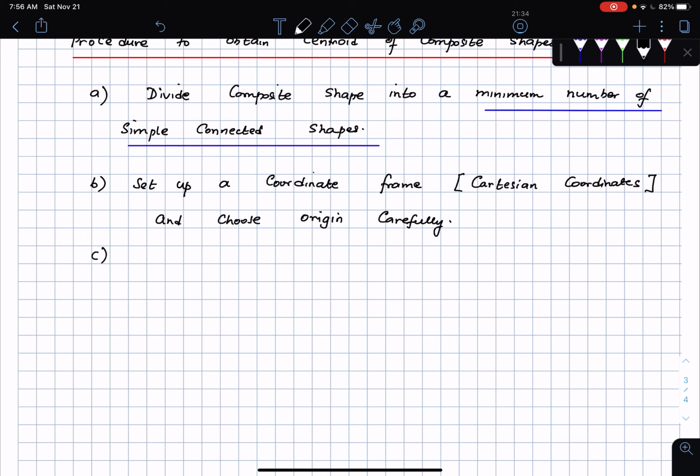Then write down the centroid location of each of the simple connected shapes from the chosen origin.